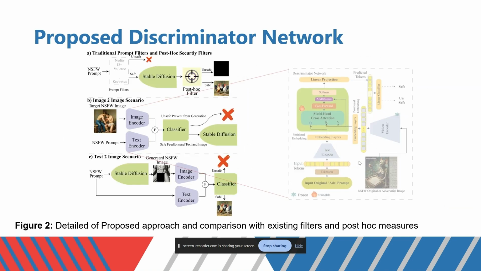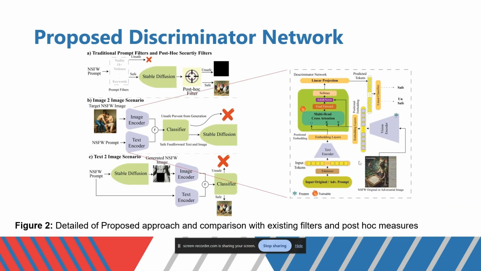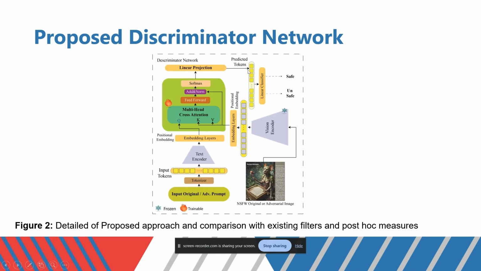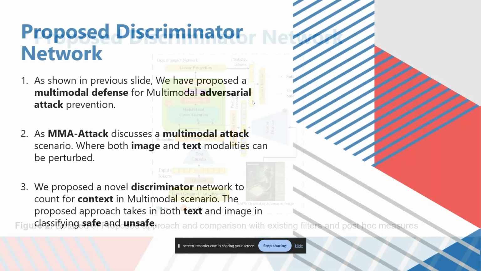So this is the proposed approach for joint learning, and it consists of a vision encoder and a text encoder. The joint transformer network learns to discriminate between real and fake, and the linear projection then predicts the token, and then we have a linear classifier to tell whether it is safe or unsafe.